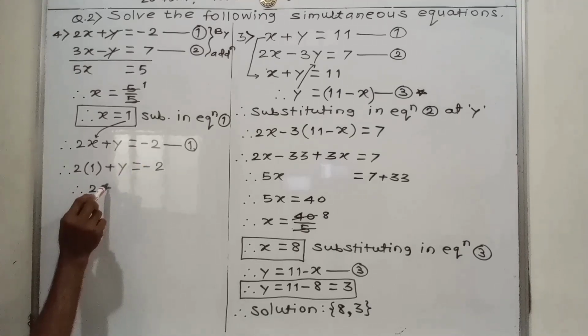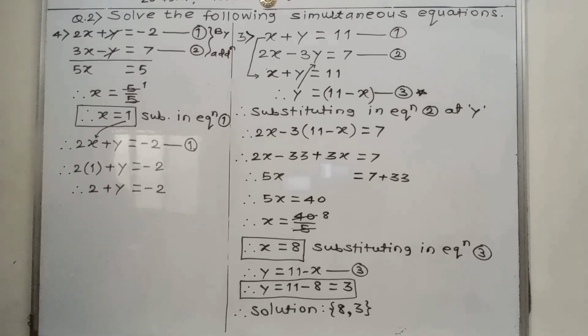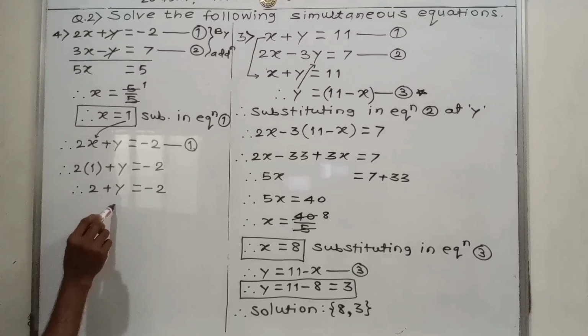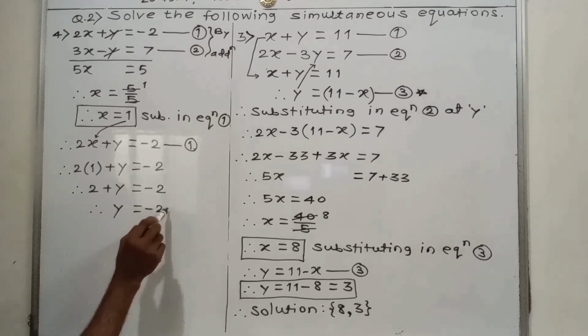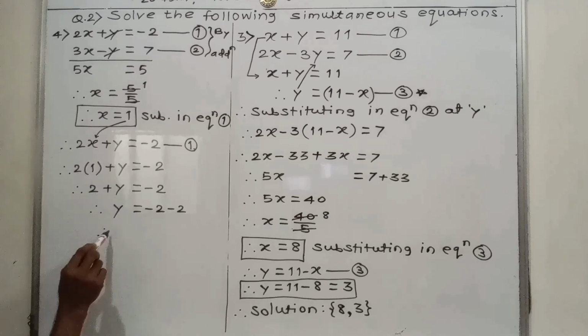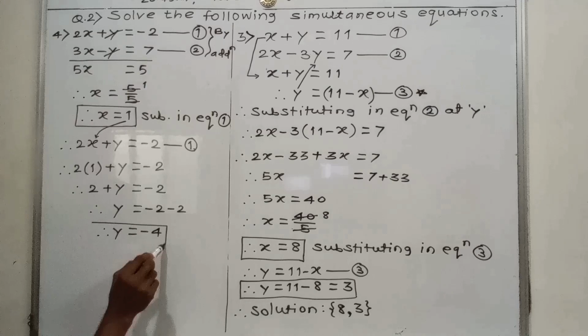Therefore, 2 plus y is equal to minus 2. Therefore y is equal to minus 2 minus 2, y is equal to minus 4.